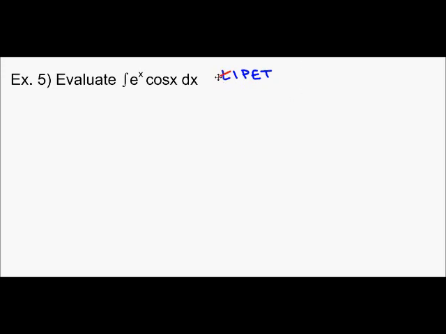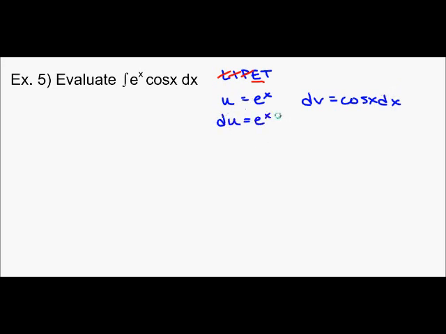So I don't have a logarithm or an inverse trig. I don't have a polynomial. So I'm going to use my exponential function for my u. So u equals e to the x, which leaves cosine x dx to be the dv.